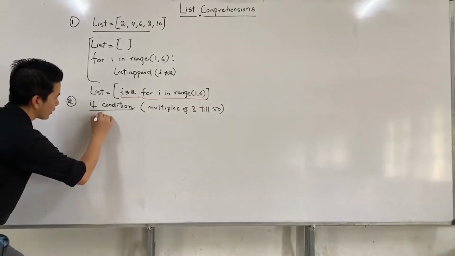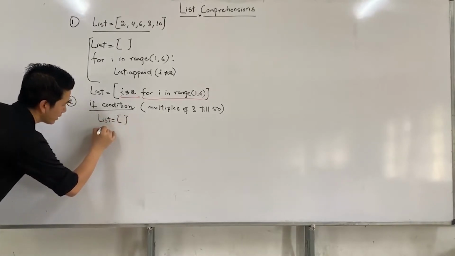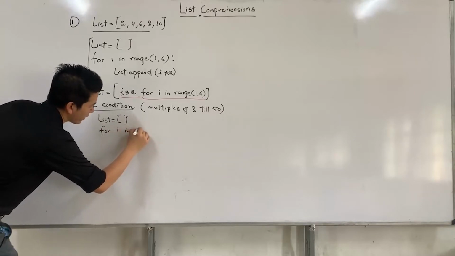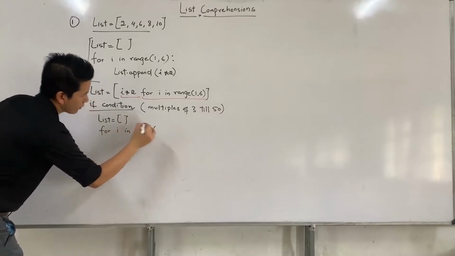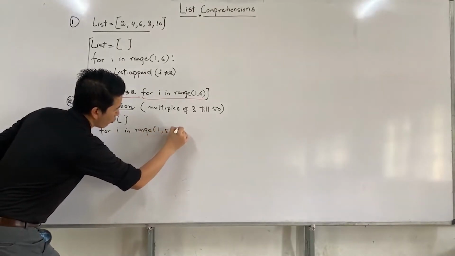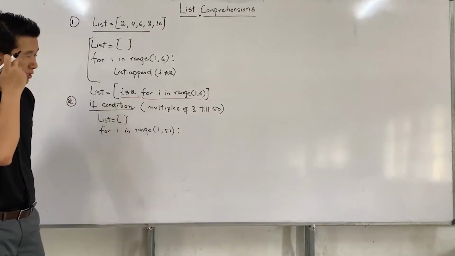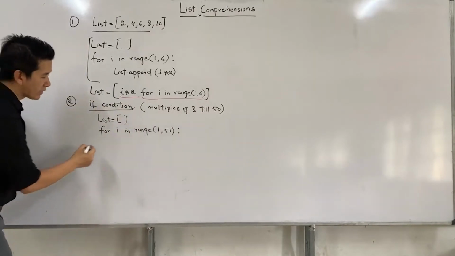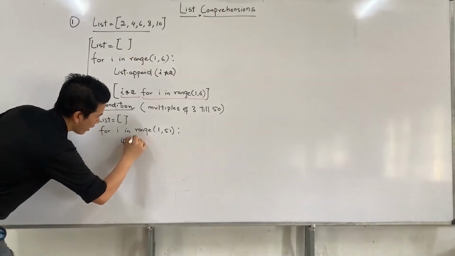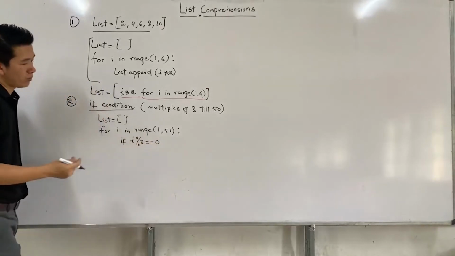Say generally, we first come up with an empty list, and then these are quite straightforward. For i in range, and then you will have 1 comma 51 in order to include 50 in the range, even though 50 is not a multiple of 3. And then I have the if condition: if i modulus 3 is equal to 0.